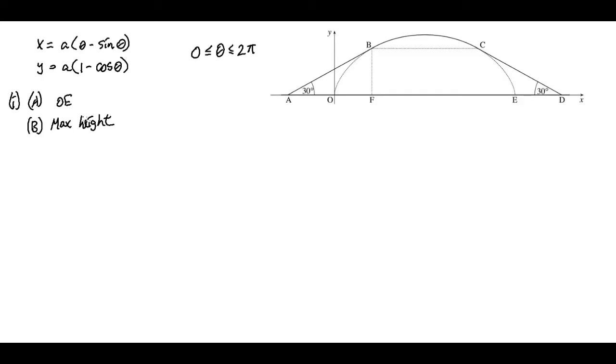Okay, let's start with part 1, find OE. We know that O is 0, 0 by definition, and so let's find E. What we know about E is that it has y coordinate 0, so we can equate 0 equals a times 1 minus cosine of theta. The a really doesn't matter right here, because 0 divided by a, where a is a constant, means that a is out of the equation.